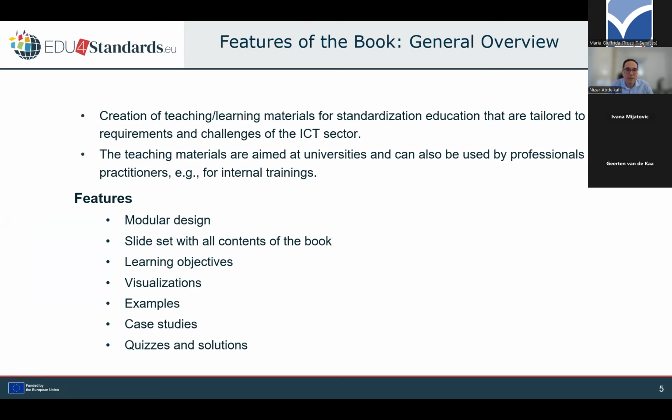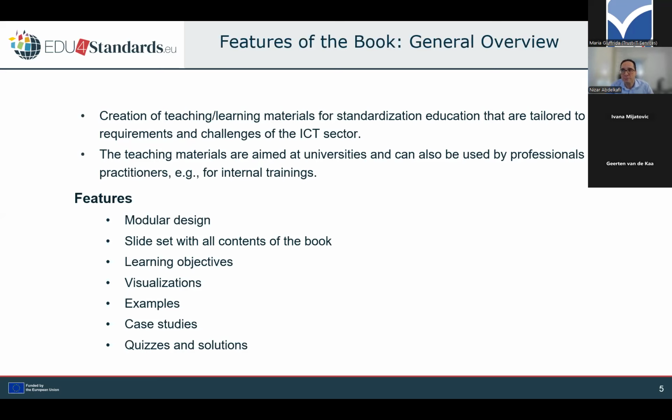But to be very clear also, the principles of standardization that we are discussing and analyzing in the book may also be used in different areas, in different sectors. But the examples that we have in the book are really focused on the ICT sector.